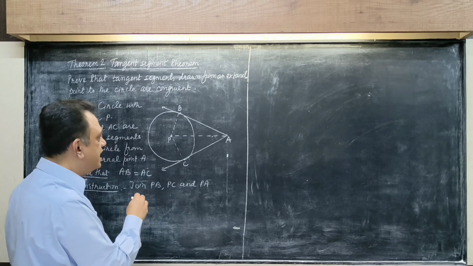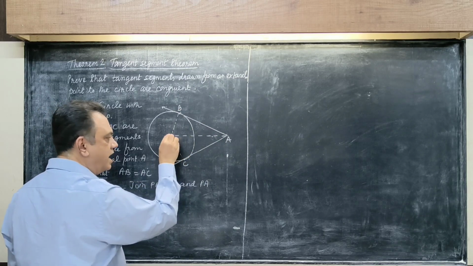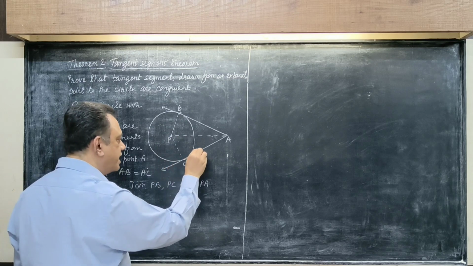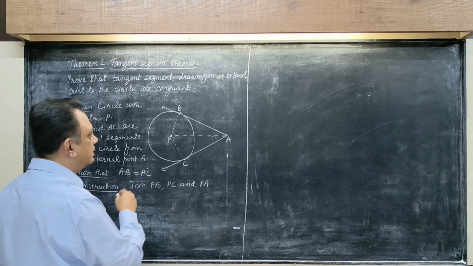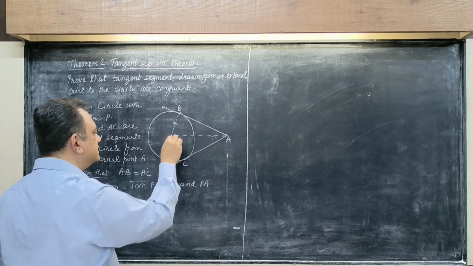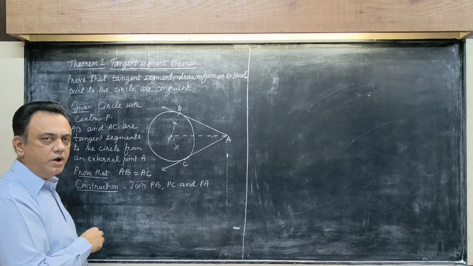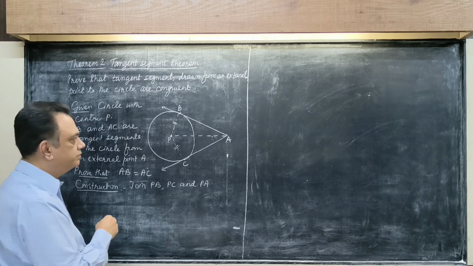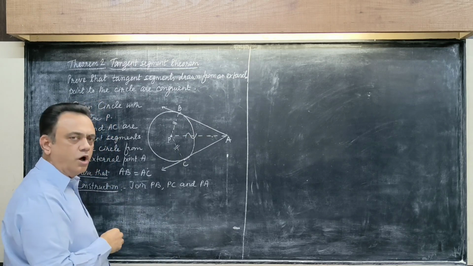So my first aim will be to prove triangle PBA is congruent to triangle PCA. Look how I'll prove it. PB is equal to PC, radii of the same circle. PA is equal to PA, common side.